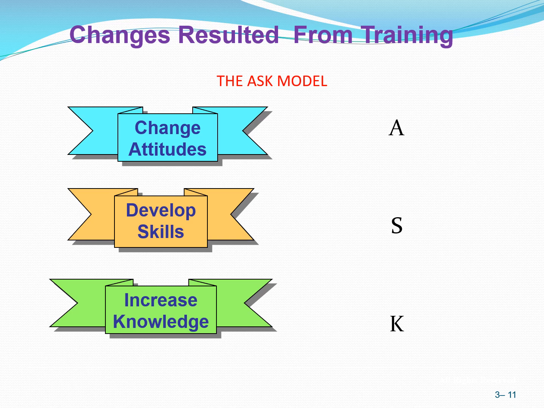So if you, as a human resource manager or HR personnel, notice a change in your workers' attitude, it means that your training is effective. And if there are changes or the skills increase, or there is an increase in knowledge, all these will show whether your training is effective or not.